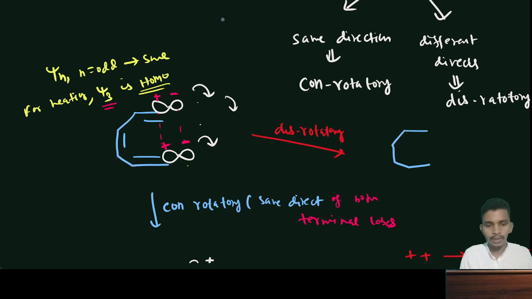Okay, so now this is like this, and this is like this. So now if I make that disrotatory, what I said, this rotatory means if one I'm rotating like this, then the other I will rotate like this. It means if it is clockwise, then this has to be anti-clockwise.